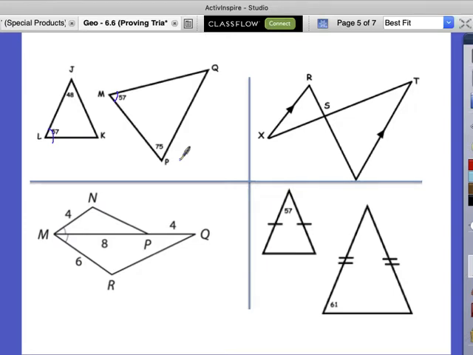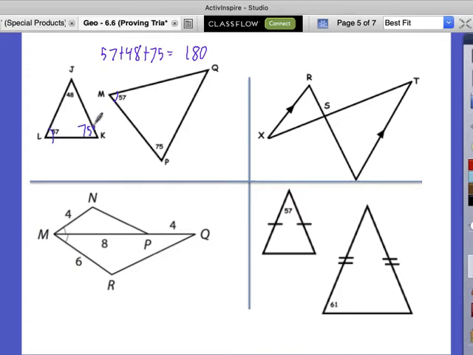We add 57 plus 48 plus 75, and if that equals 180, then it works. So 57 plus 48 ends up being 105. 105 plus 75 is 180, so this one has to be 75.